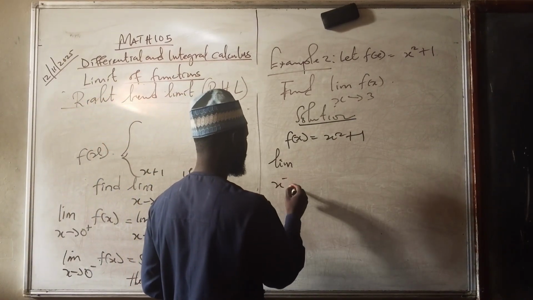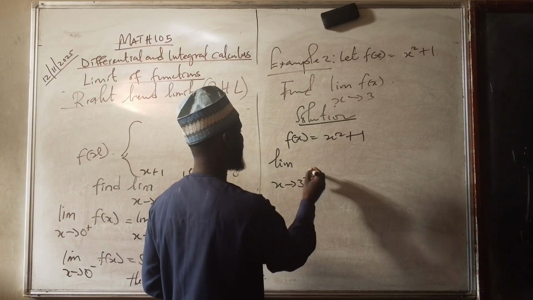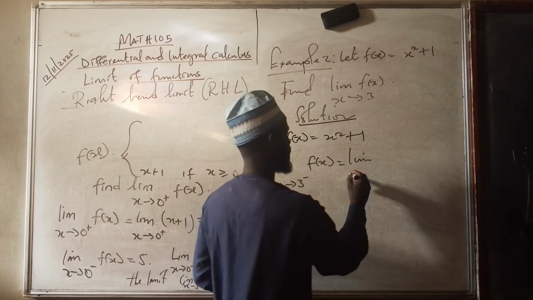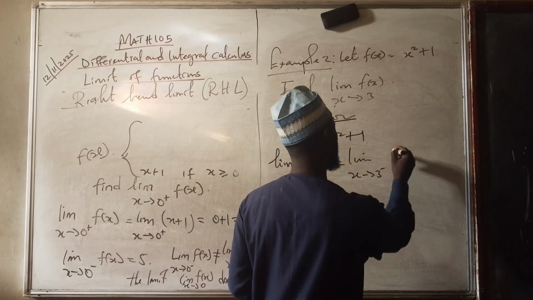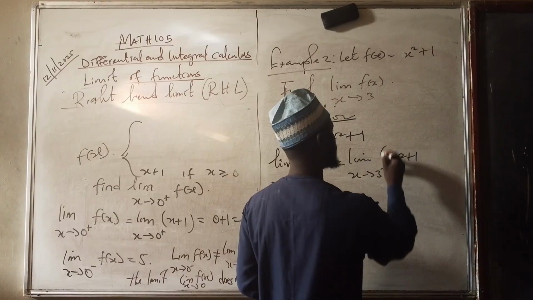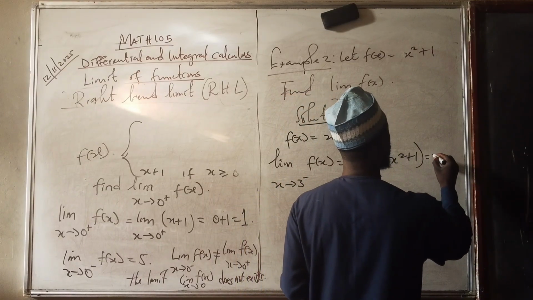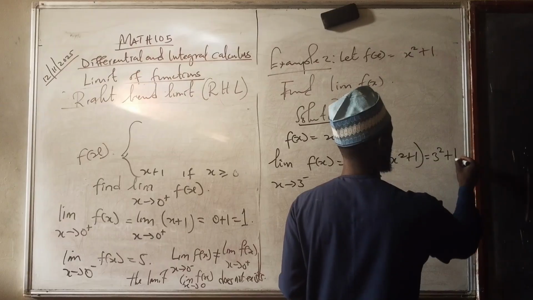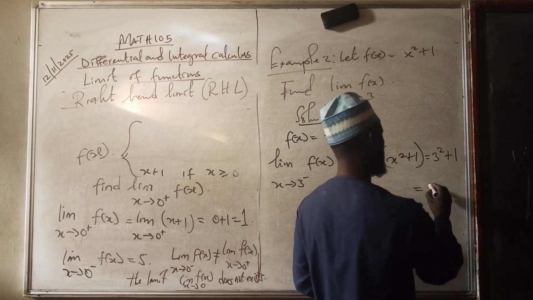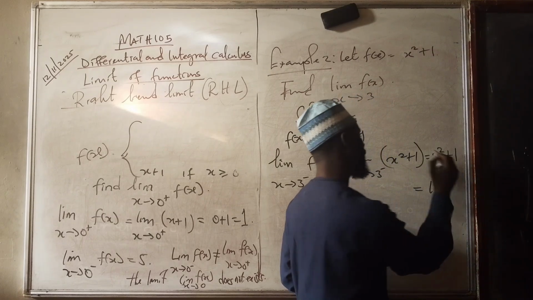The limit as x tends to 3 to the left of f of x is equal to the limit as x tends to 3 to the left of x squared plus 1, and that is equal to 3 squared plus 1. 3 squared is 9, plus 1, 10.